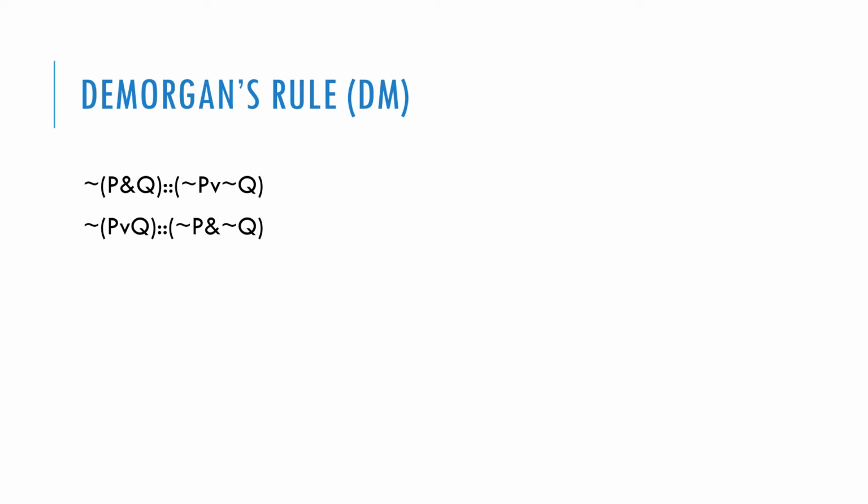Now, this might help us because when we couple these rules of replacement with the rules of inference that we learned last time, we're able to naturally deduce and justify certain conclusions based on the complicated nature of propositions and arguments.